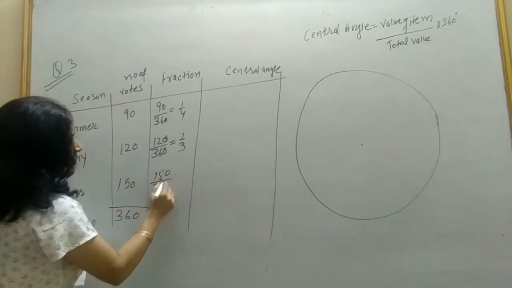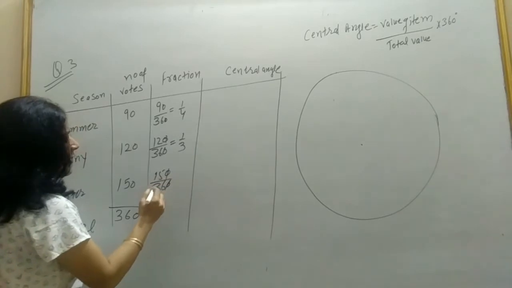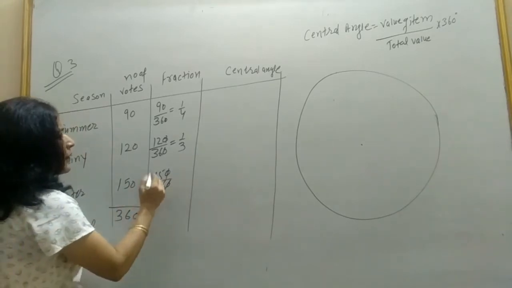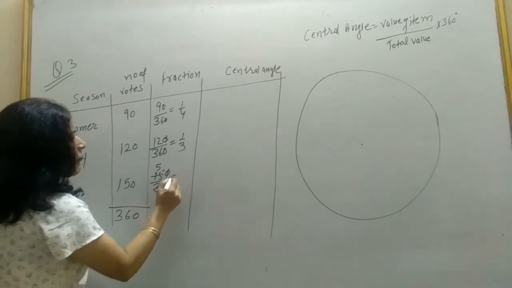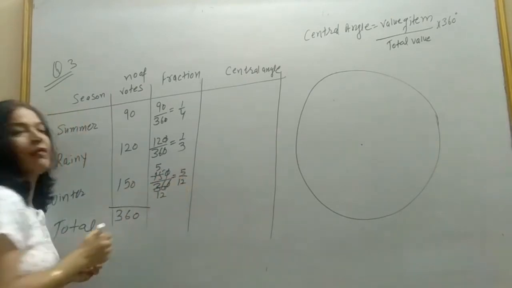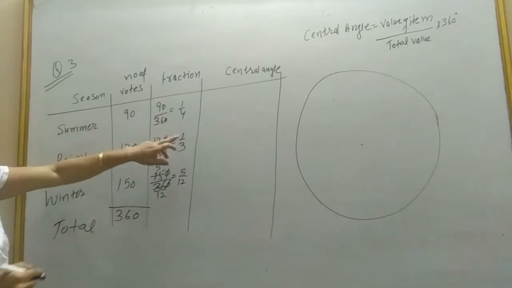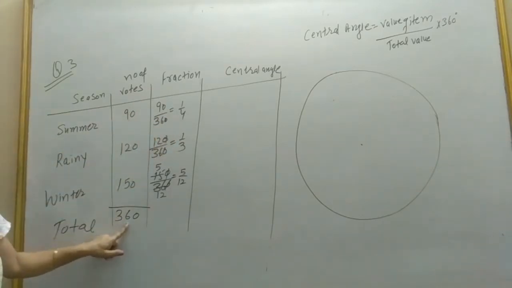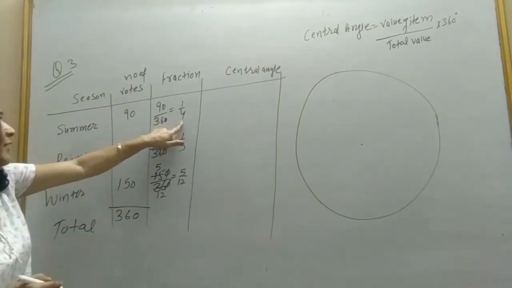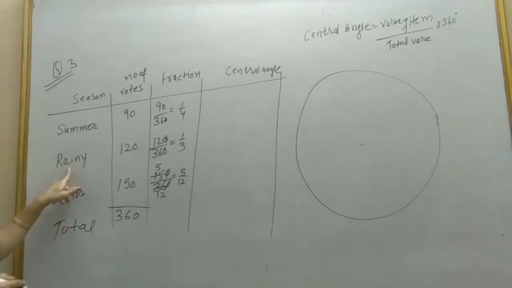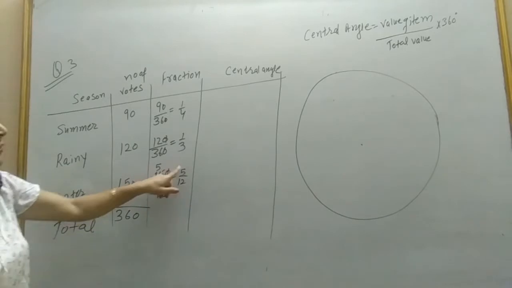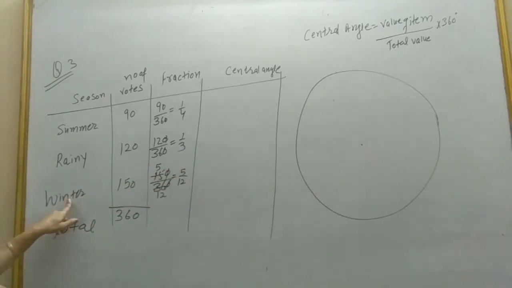This means if the total people are 360, 1/4 voted for summer, 1/3 of the people voted for rainy season, and 5 by 12 voted for winter season.